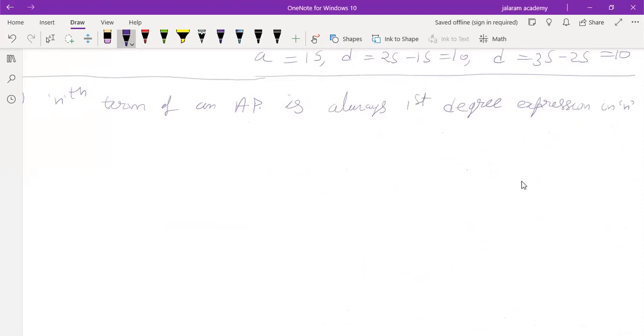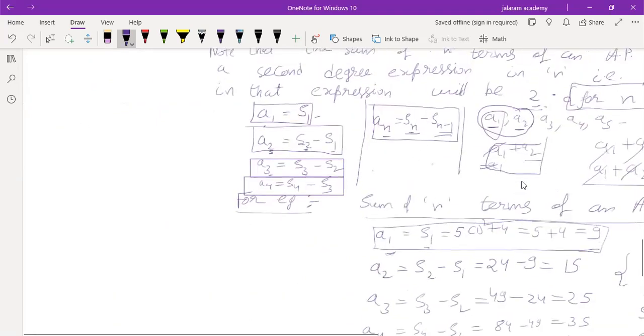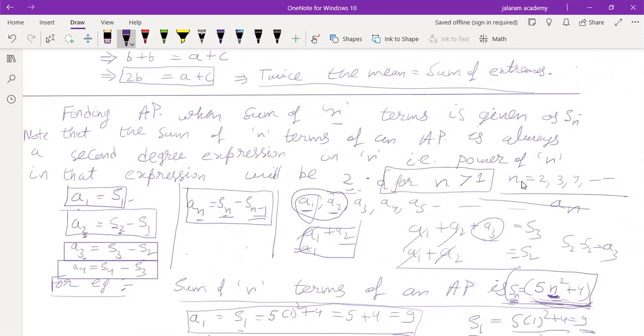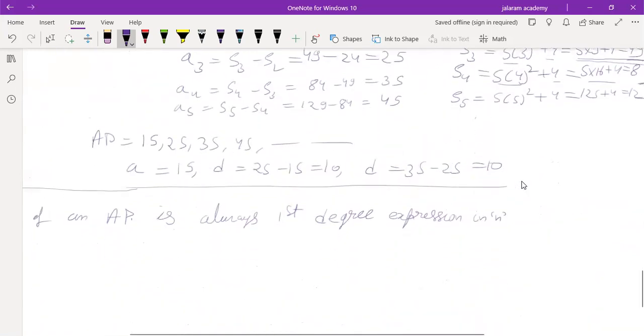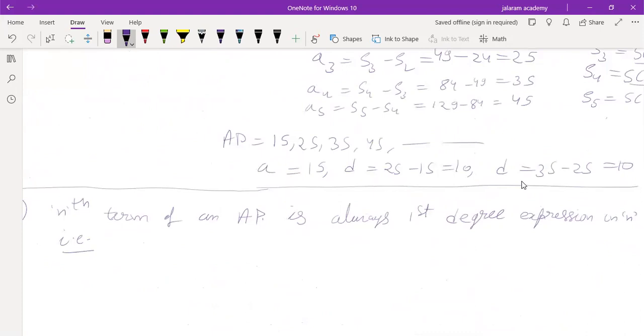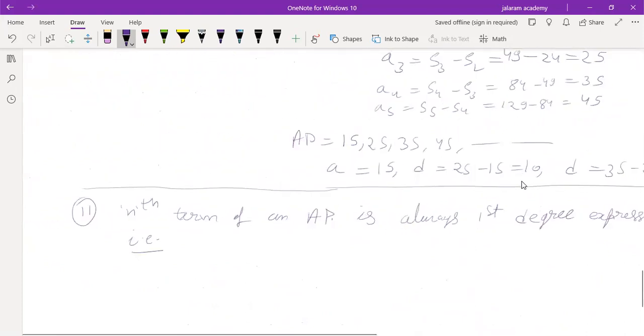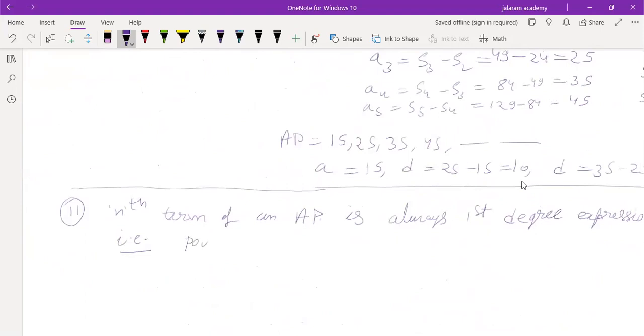First degree expression in n means what? As I have discussed in the previous explanation, the sum of n terms of an AP is always a second degree expression in n, meaning the power of n will be 2 only, like n square. Similarly, the nth term of an AP is always a first degree expression in n, meaning the power of n must be 1 only.